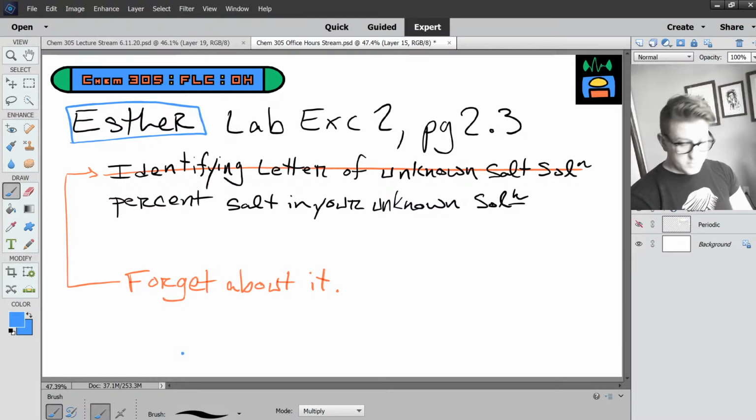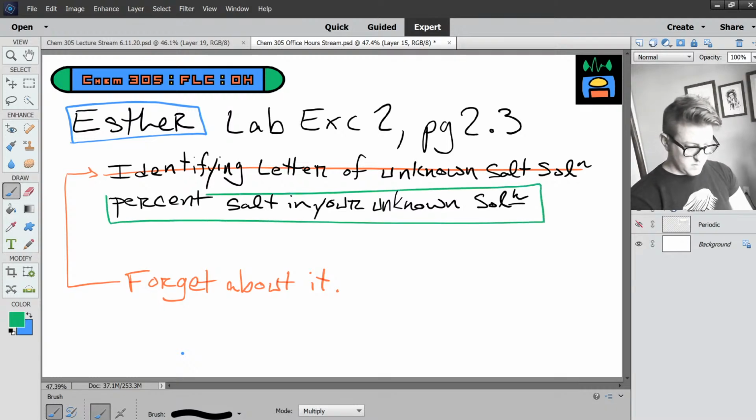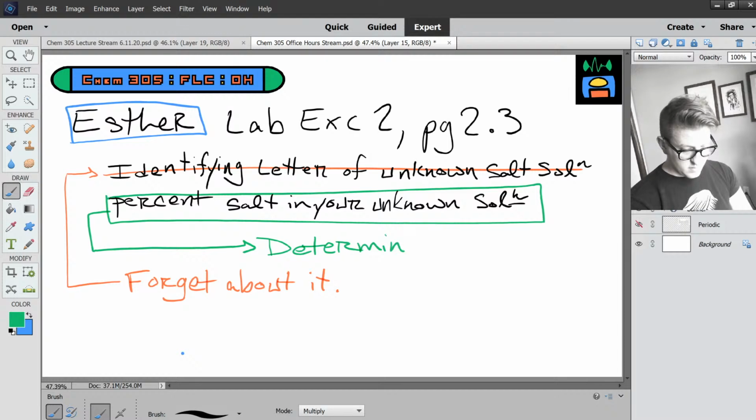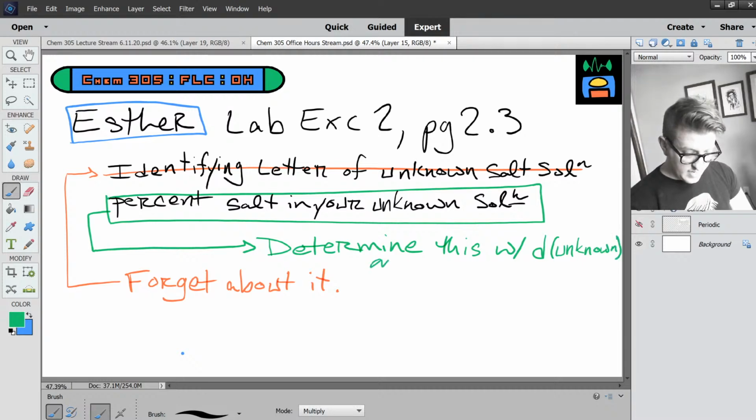And then for this one, you determine this with the density of the unknown and your graph.